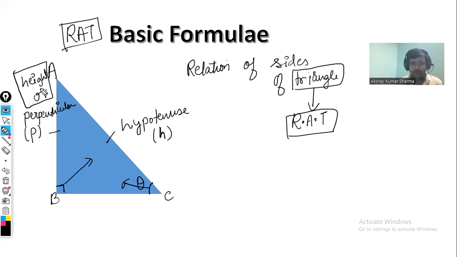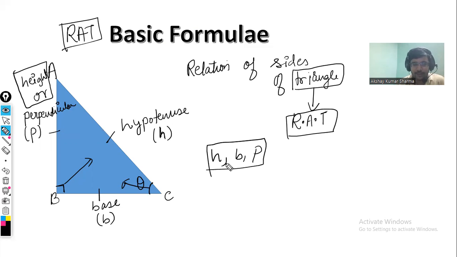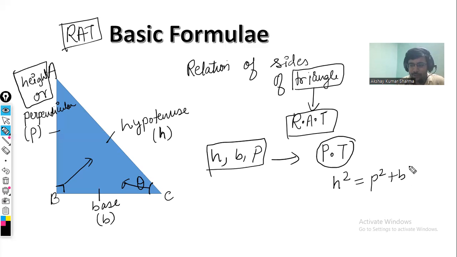These are very small things, let's forget it. And the last one is nothing but the base, represented simply by small b. So basically in a right angle triangle, we can see hypotenuse, base and perpendicular, correct? All these sides can also be represented by another theorem, called the Pythagoras theorem: hypotenuse square equals perpendicular square plus base square.